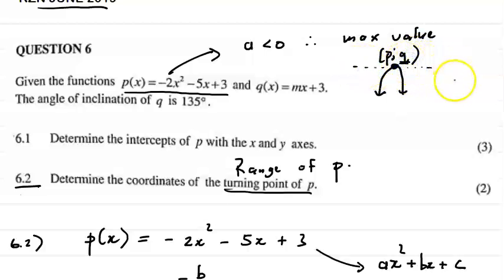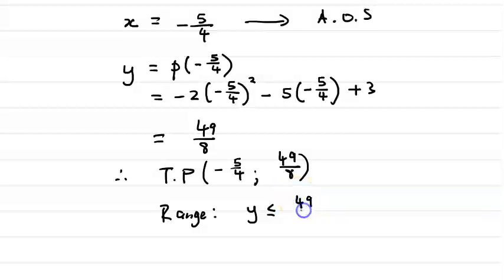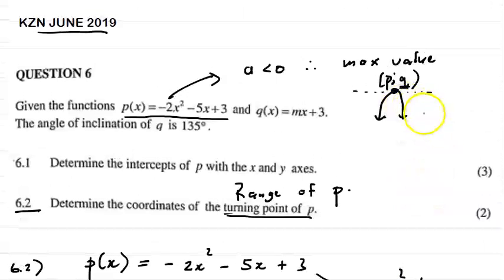That's why we call it the maximum value. So in this case, the range will be y less than or equal to 49 over 8. That's because we have a maximum value. And there you go. I've explained it here by drawing a picture of what this graph will look like.